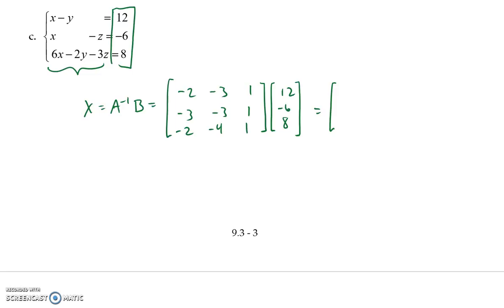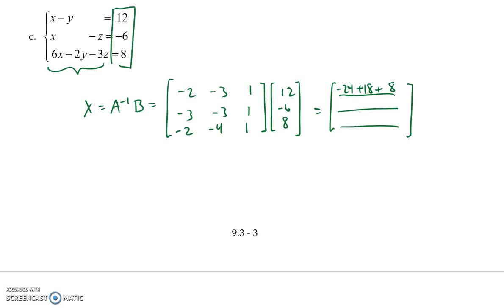So let's see what we get. Let's once again write this out. For the first entry, it would be negative 24 plus 18 plus 8.